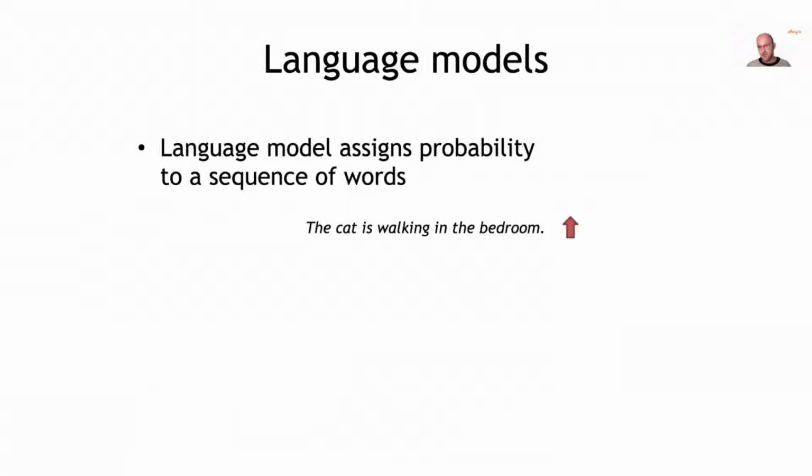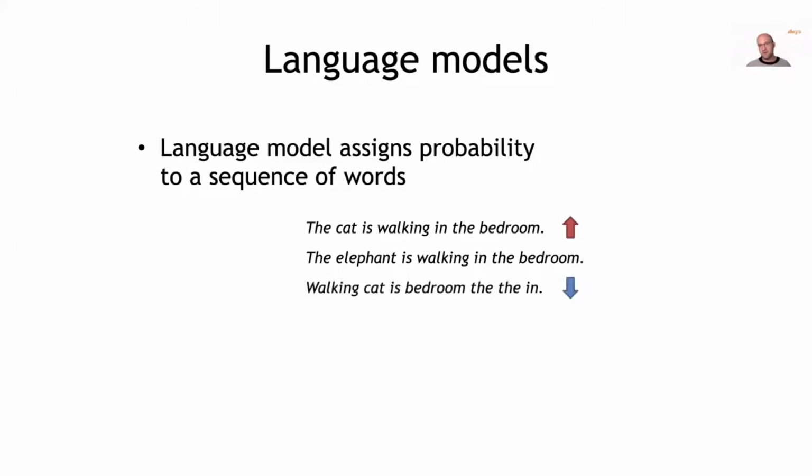You would like it to have a high probability. For this sentence, well, it's less likely than the elephant is walking in the bedroom, not the cat. So probably this should be a bit lower, but it's still a valid English sentence. And here, it's just a collection of words with no correct order. So we would like the language model to assign a low score to this.